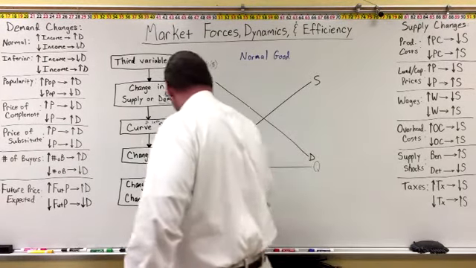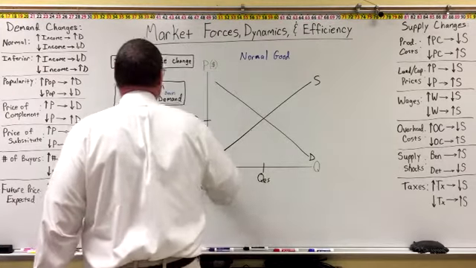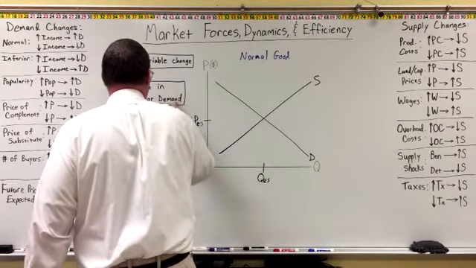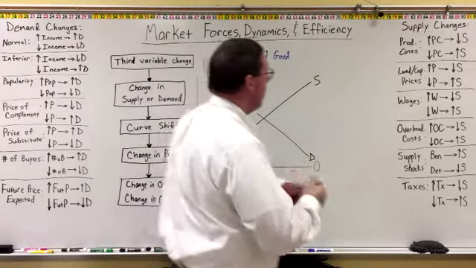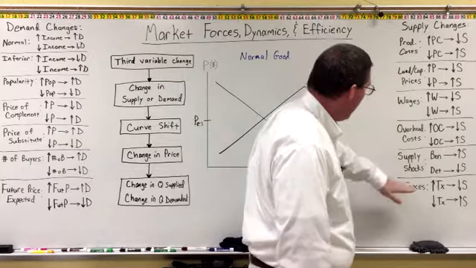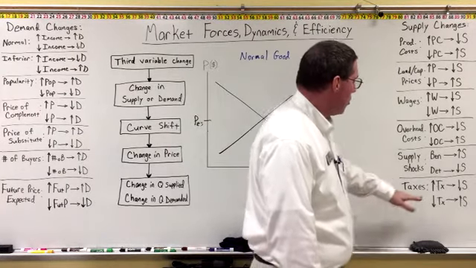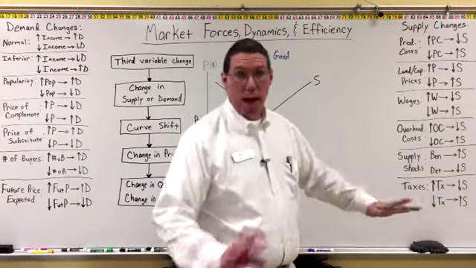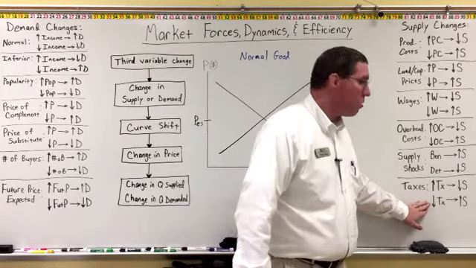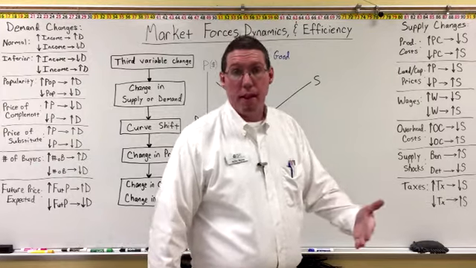Now, let's say that we have some sort of supply change, let's say that we have a decrease in taxes. So business taxes go down. The government changes some of the tax code, and so now businesses pay fewer taxes than they used to.